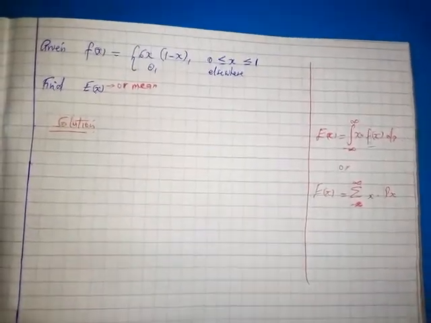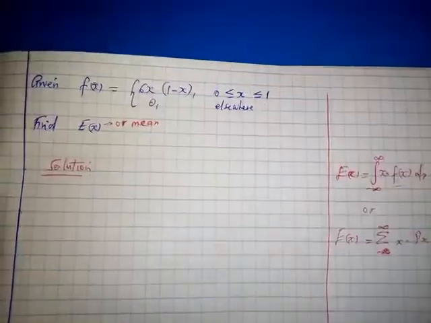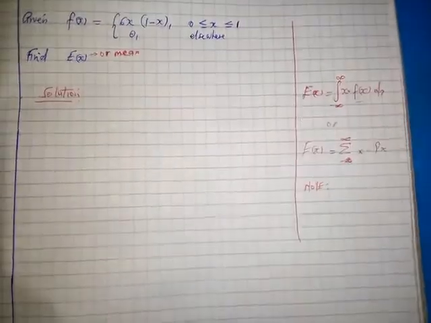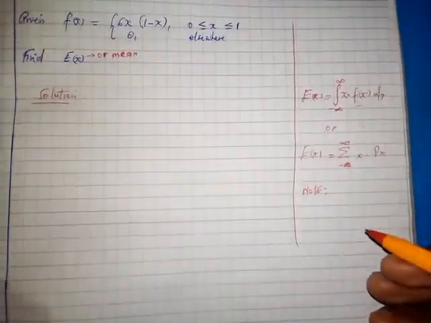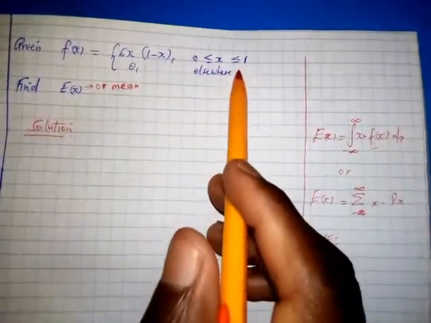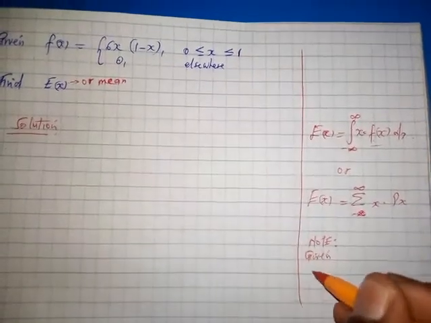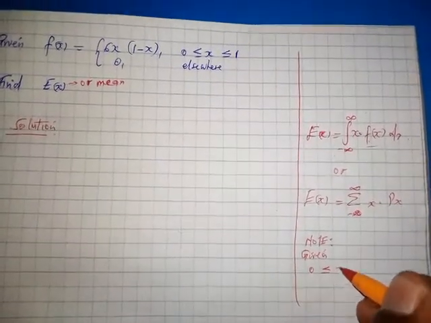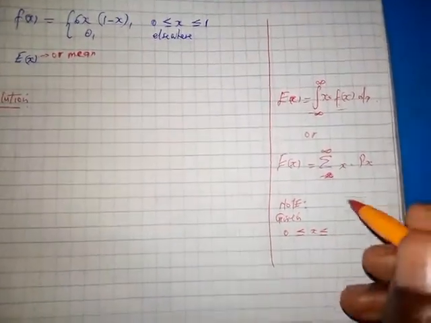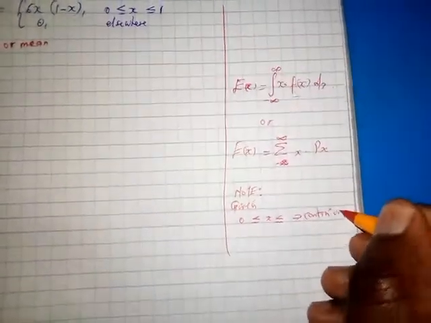So when you are presented with a question that is having this interval, given that the question has that interval like this, it is a continuous random variable.